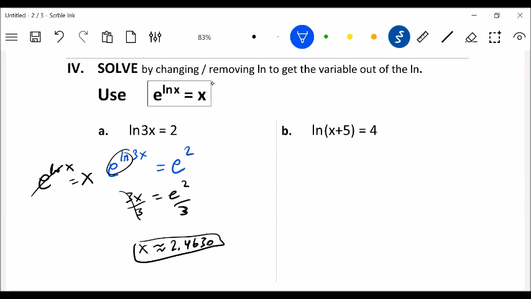Over here now, I'm going to do the same thing. I'm going to put both of these to the power of e. That means that knocks itself off. x plus 5 is equal to e to the 4th. And then I'll subtract 5. So e to the 4th minus 5, and that means x is approximately 49.5982.